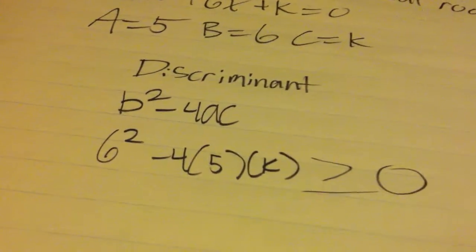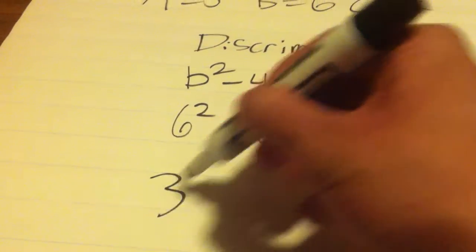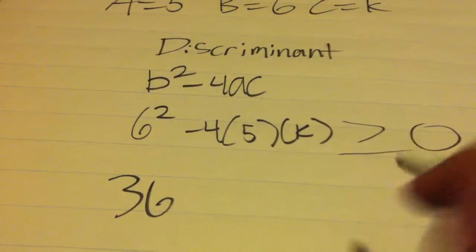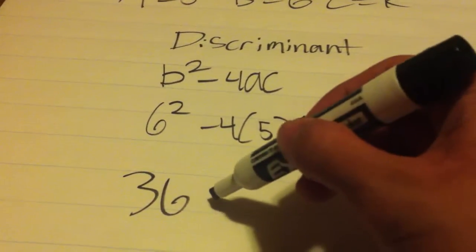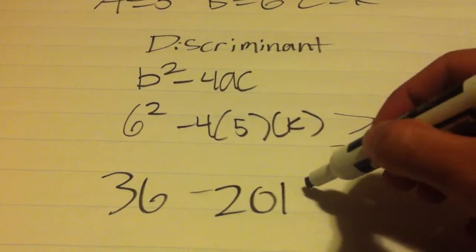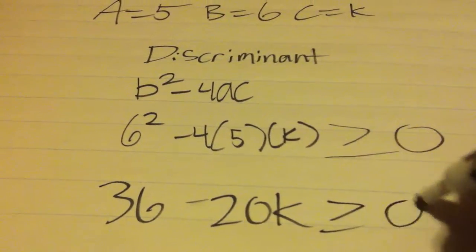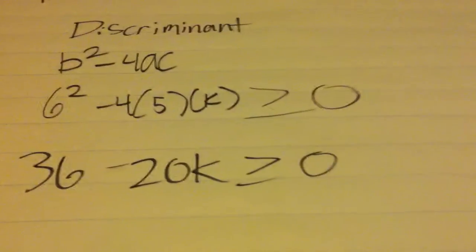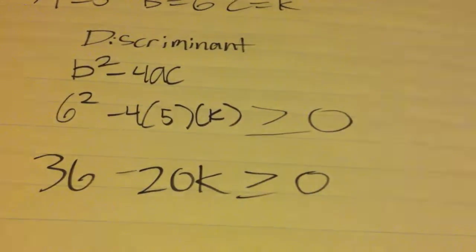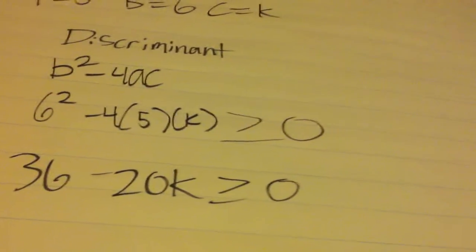Now let's just do this equation. So 6 squared is 36, and minus 4 times 5 is minus 20k is greater than 0. So since we're trying to find k, we need to move the 36 over so that k is by itself.